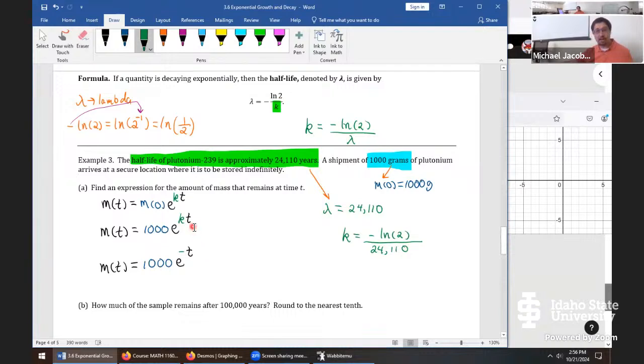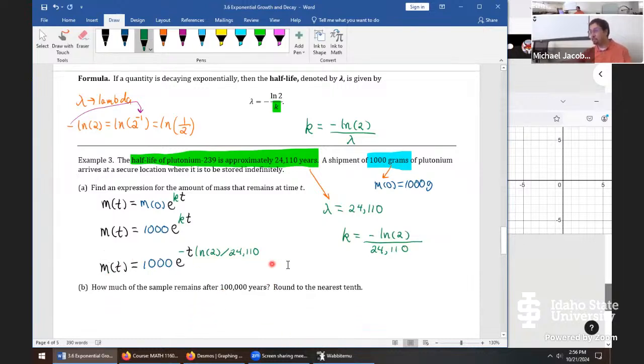What I'm doing is taking the variable t and just putting it right there in the middle so it isn't too crammed as an exponent. So negative t natural log 2 divided by 24,110. That's kind of hard on the eyes, but that's my best attempt to write it out in one line. So that's our answer to part A, our entire model. Any questions, folks, getting to that step?